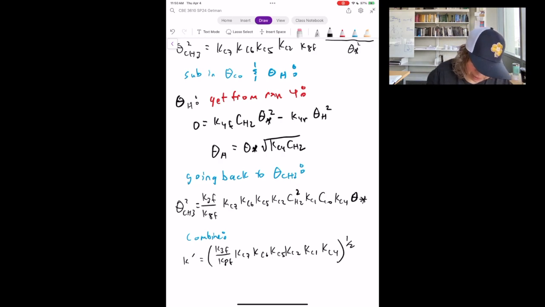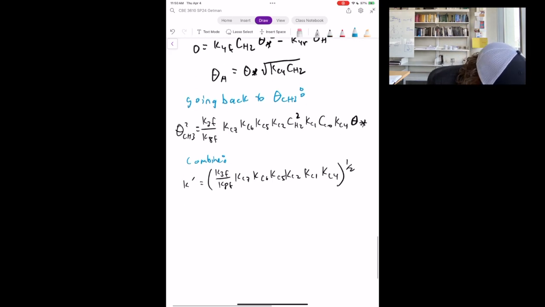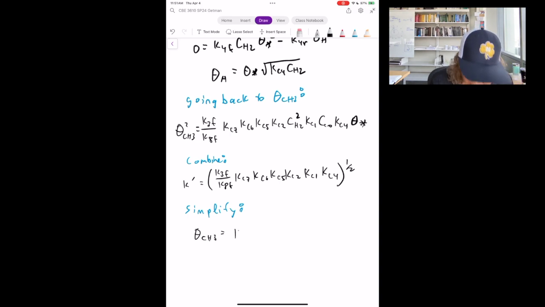Okay, so now we can simplify. And we'll say theta CH3, K prime, CH2, CCO to the 1/2, theta star to the 1/2.